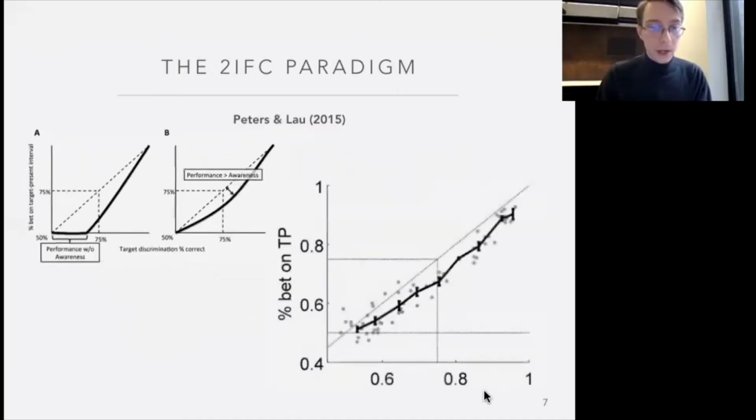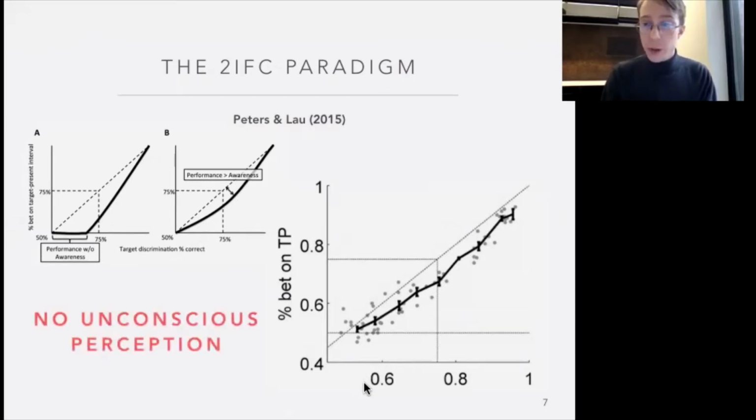And what's embarrassing is that when we do this task, we don't find that. We don't find that at all. So when we do the task and participants are not biased, there's no unconscious perception. Okay. So that's embarrassing. That's embarrassing because it suggests that in all the other cases where we thought there was some unconscious perception, actually maybe there was no unconscious perception. So that's bad.